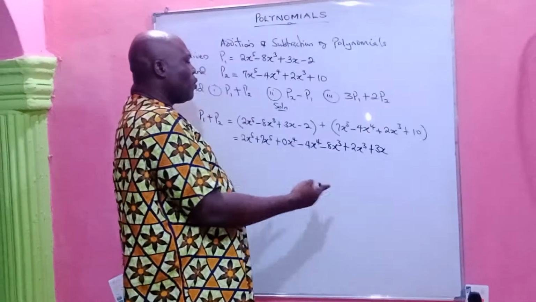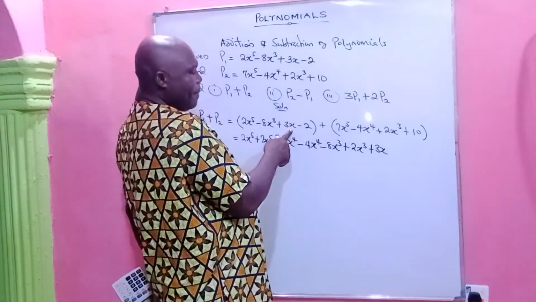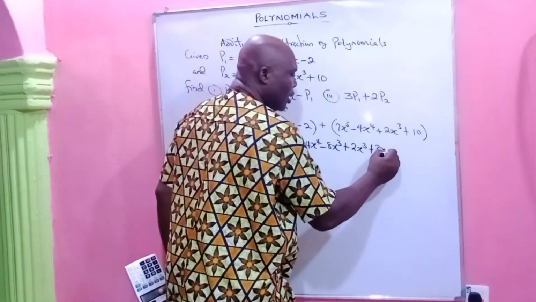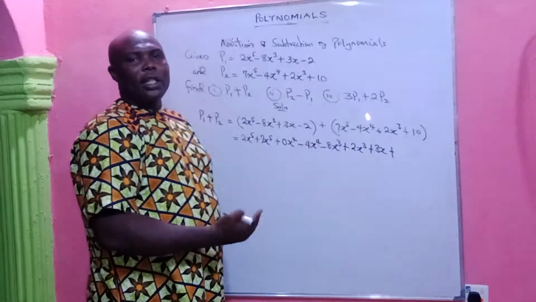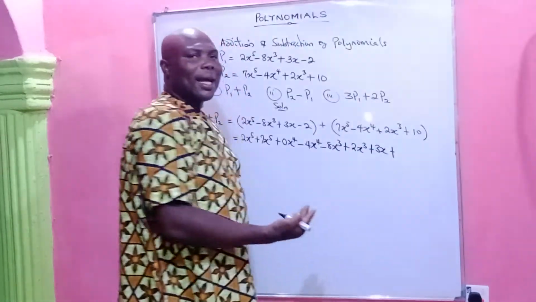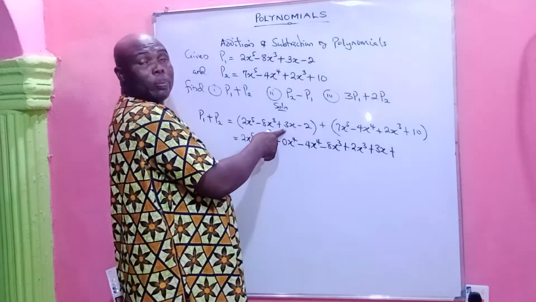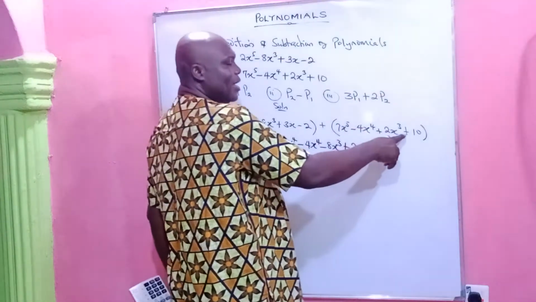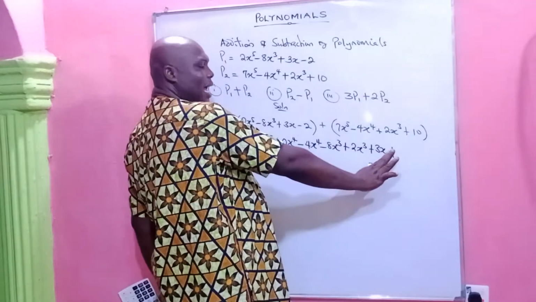So after x squared, we have x, which is 3x. Remember that there is no other x raised to power 1 in the other polynomial. We only have one x raised to power 1. If we had another x raised to power 1 here, like 7x, we would have added. But we don't have, so we can leave it that way.